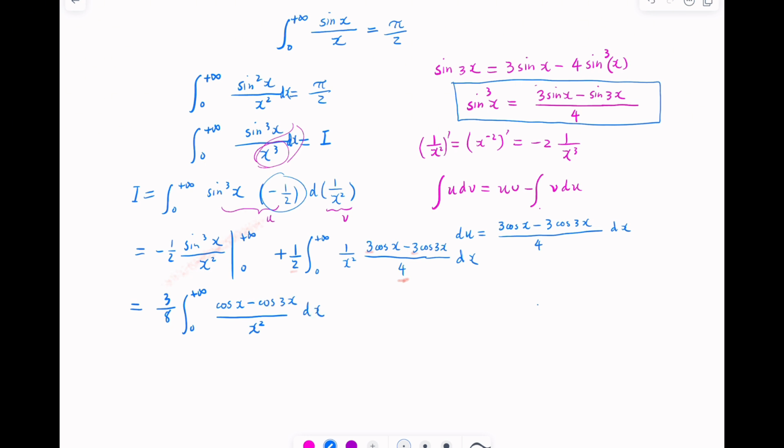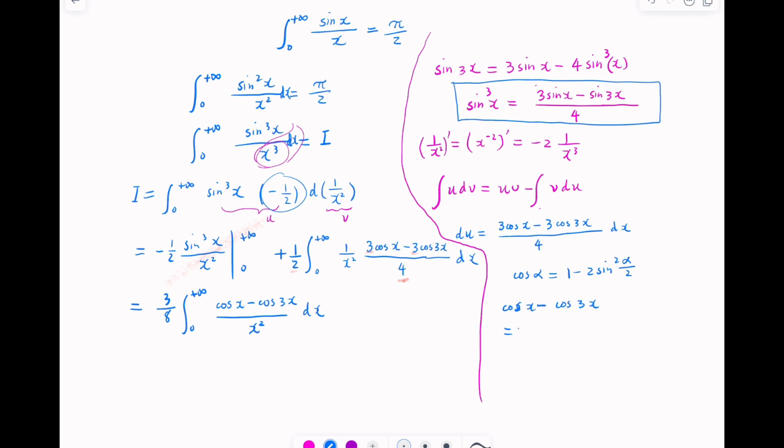Now earlier we have two results, which are sine x over x and sine square x over x squared. But here we have x squared but have cosine x. Now here we're going to use another trick. We're going to use another fact, which is for cosine alpha, we can change that to sine by using the double angle formula, which is sine square alpha over 2, to replace cosine x minus cosine 3x by sine square.